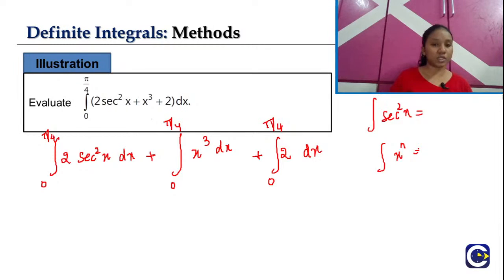Okay, fine. So let's wait for a few more answers. So once we're done with the integration, the next step will be the substitution of our limits.